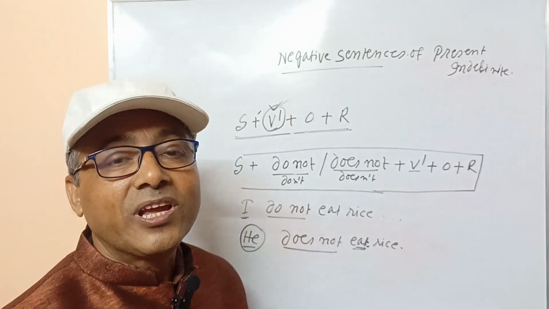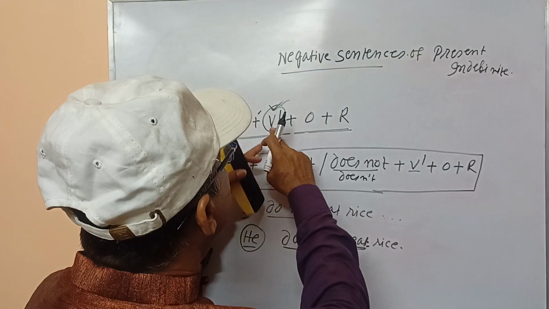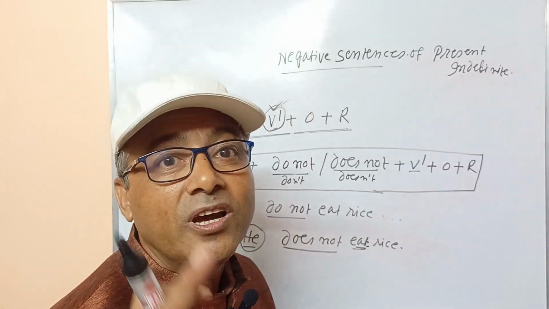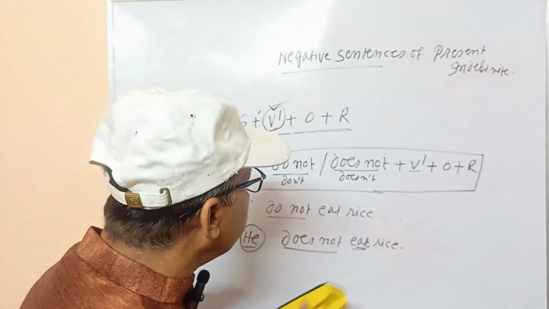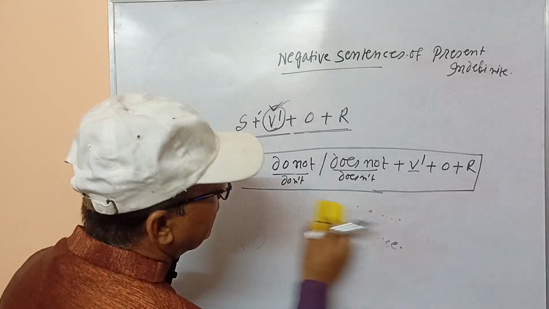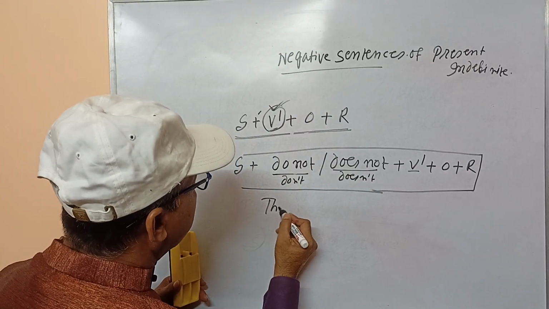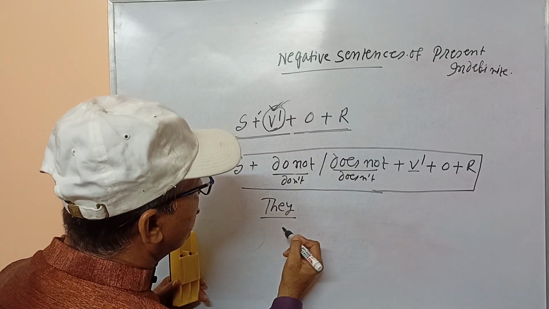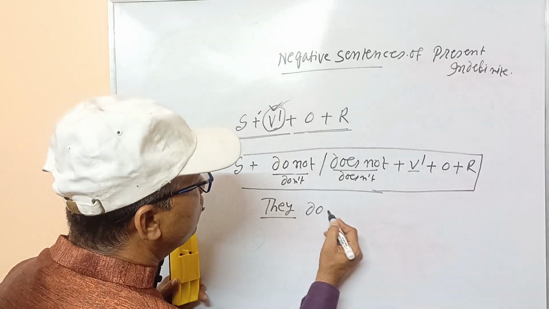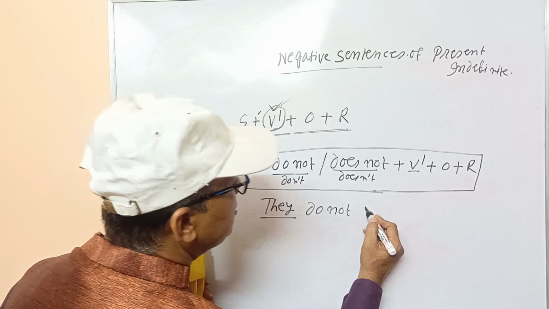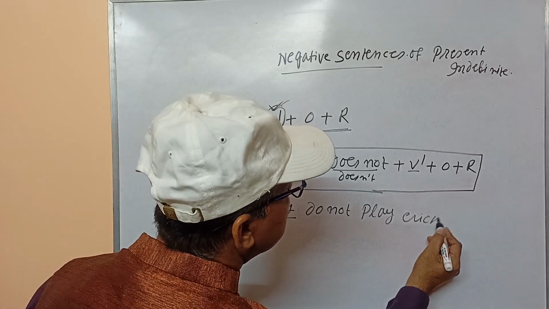In this way, we can create a lot of negative sentences with the help of do verb, with the help of verb 1. Many more examples you can give. See, they, again, it's not third person singular number, it's third person of course, but plural number. So they don't or do not, they do not play cricket.